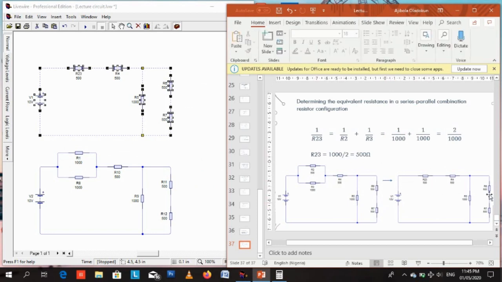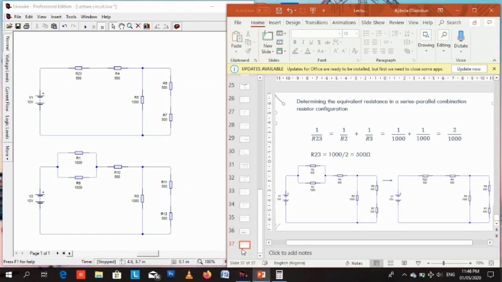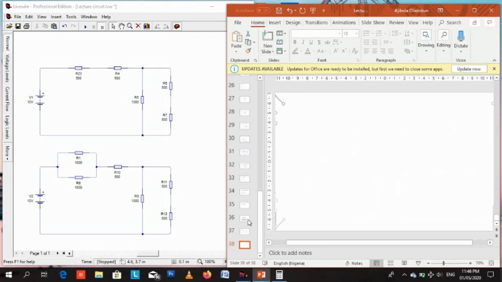We changed the two resistors that are in parallel to one single equivalent resistance. That's the only difference. R2 and R3 were in parallel. We found their total resistance, which was R23, and we replaced it. So we've simplified the circuit a bit that way.